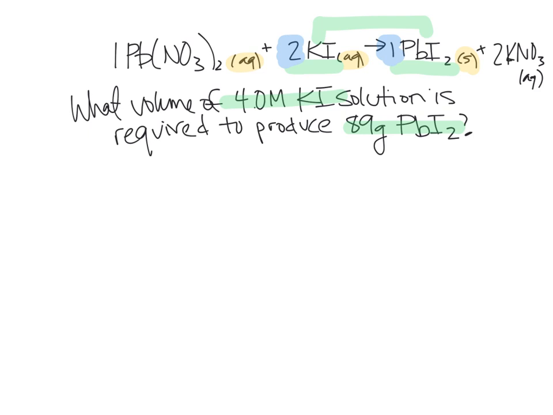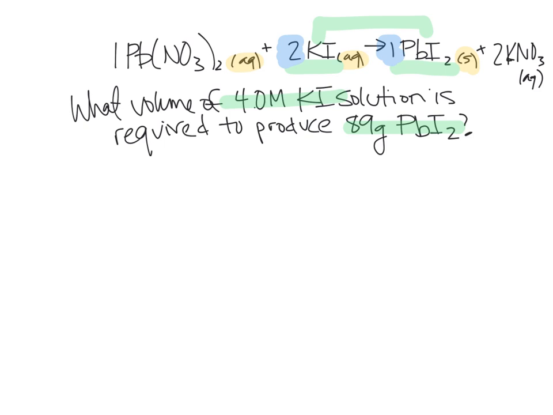In order to use the mole ratio, you have to be in moles. Currently, we are not in moles. We don't have moles in the problem in front of us. So when in doubt, go to moles. We will need to get to moles first so that we can use this balanced equation and then use that molarity equation that we learned as well.